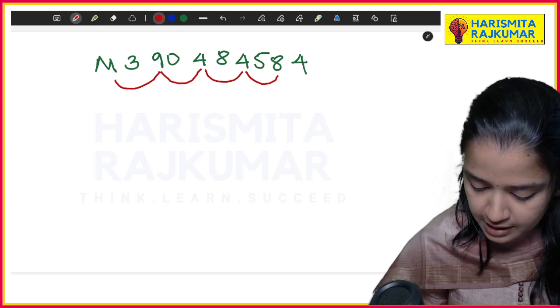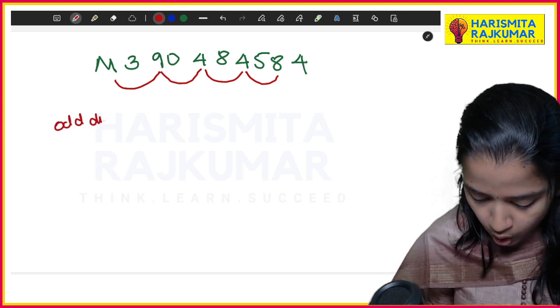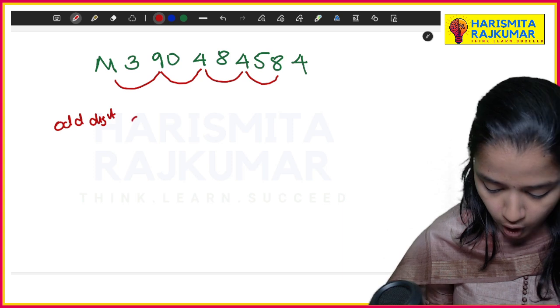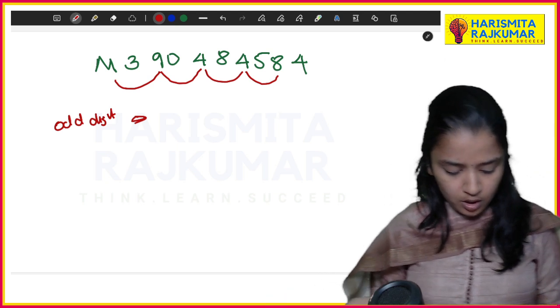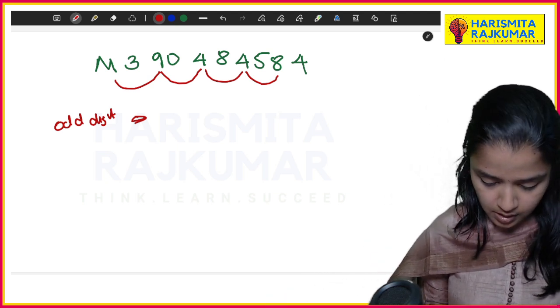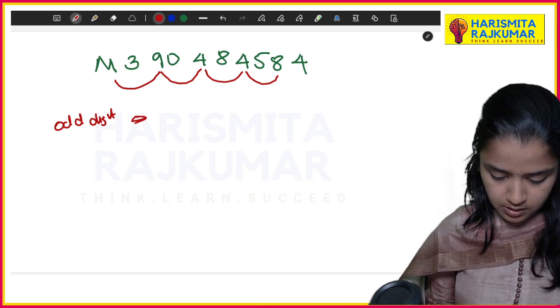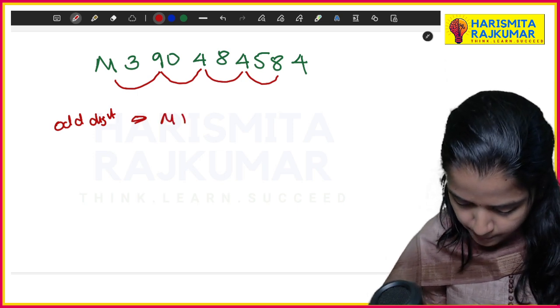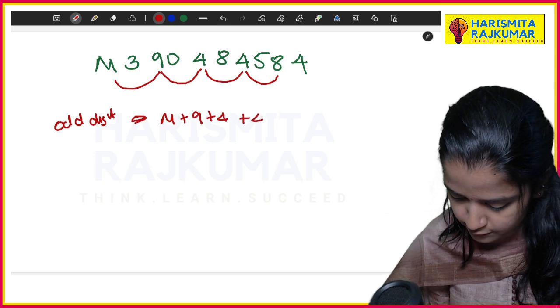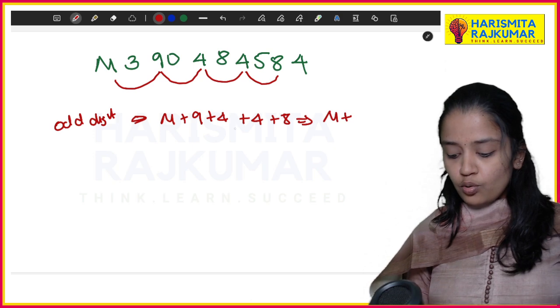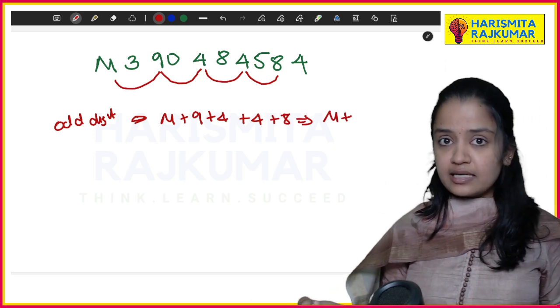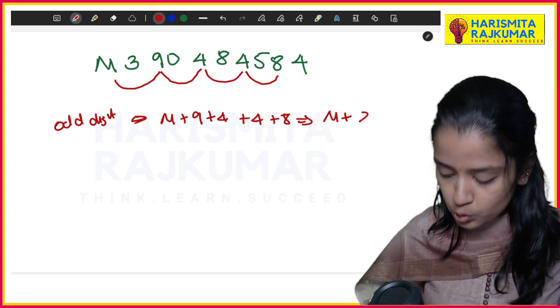So the sum of odd digits will be m plus 9 plus 4 plus 4 plus 8. So this will be m plus, 8 plus 8 is 16, 16 plus 9 is 25.